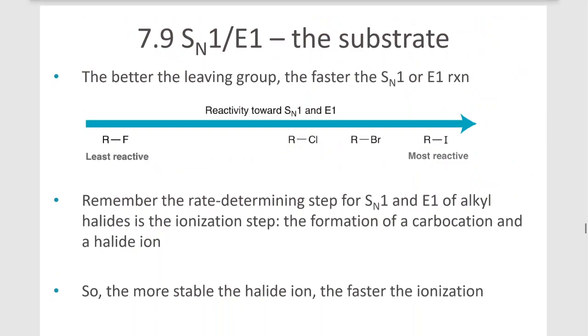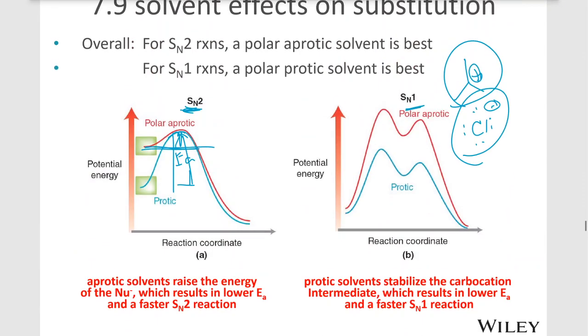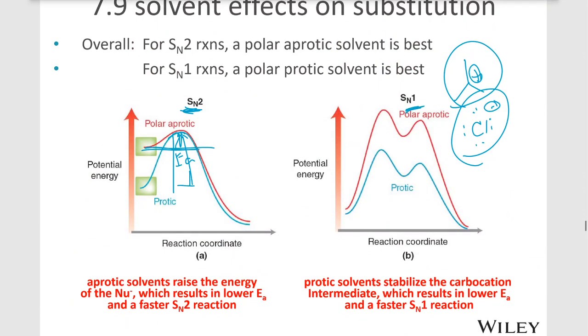So basically, polar protic is better for SN1 and E1, and polar aprotic is better for SN2 reactions, or even E2 reactions.